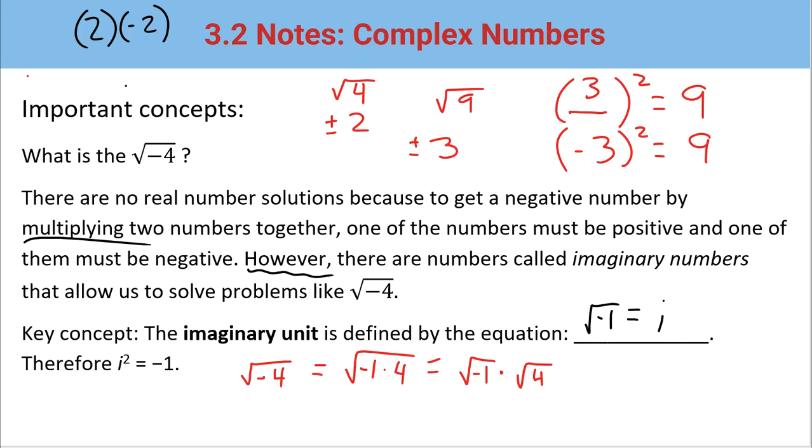The square root of 4, I know, is 2. It's really plus or minus 2. However, the square root of -1 is the definition of the imaginary unit. So I know that the square root of -4 is plus or minus 2i. That's kind of getting us started on this lesson.